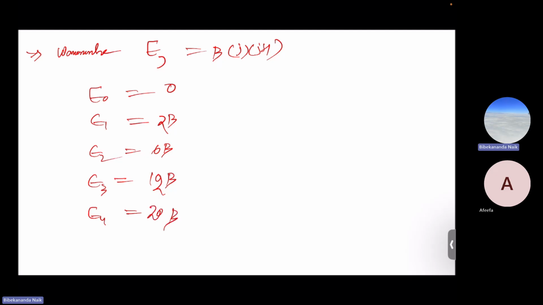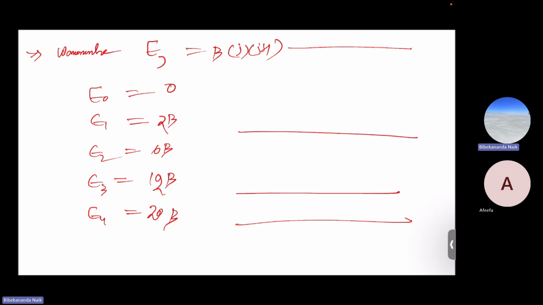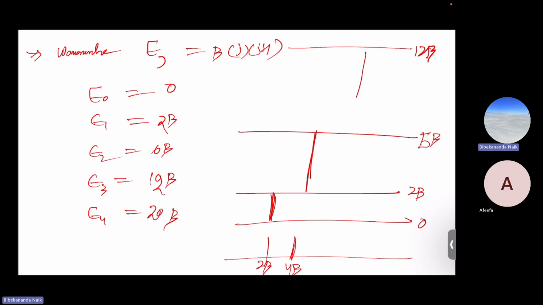The levels are unequally spaced, because first this is 0, then 2B, then 6B, then 12B. For the transitions, 0 to 2B is 2B, then 2B to 6B is 4B, then 6B to 12B is 6B.